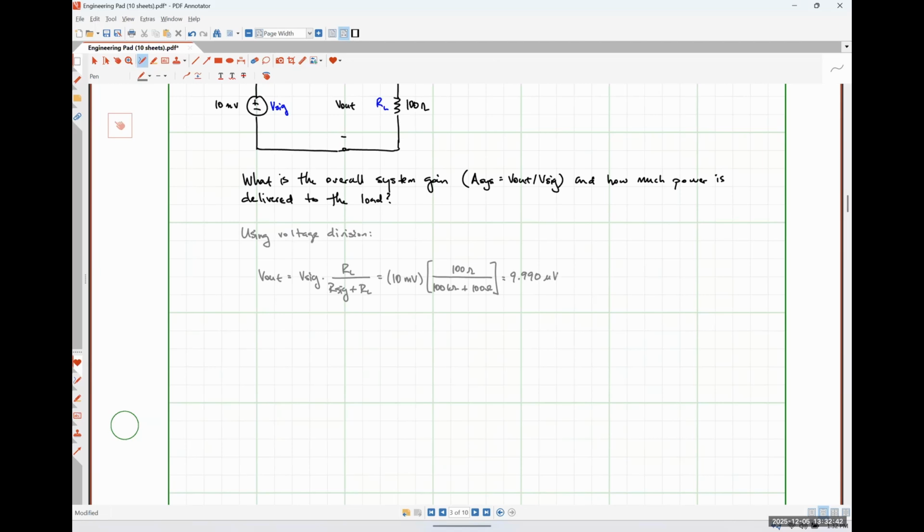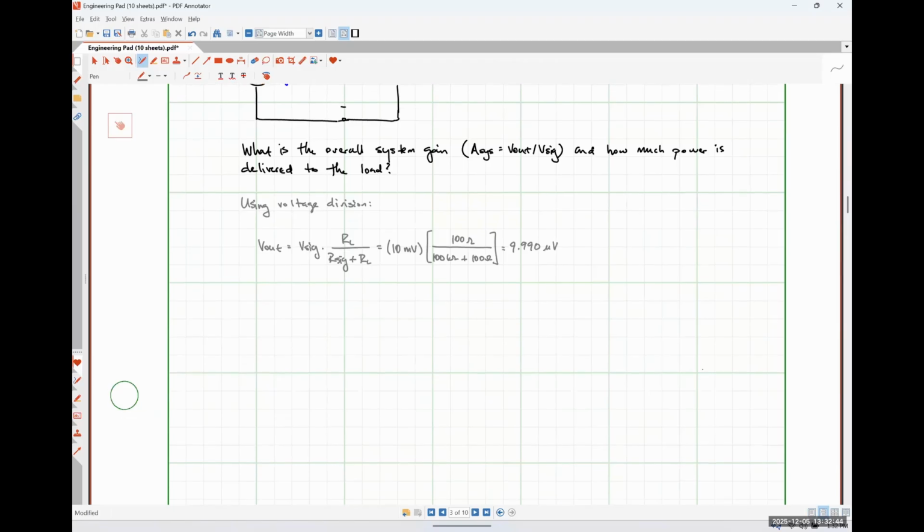And from this, our system gain, which is just V out over V sig, is going to be 9.990 microvolts over 10 millivolts, which gives us a gain of 9.990 times 10 to the minus 4 volts per volt.